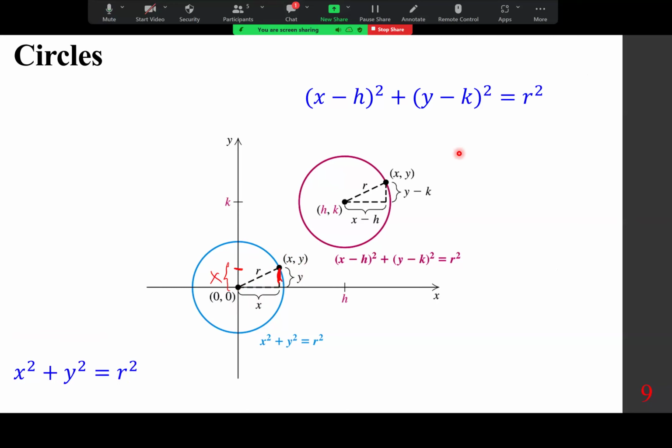You look at this one, you go with the distance formula: x minus h quantity squared plus y minus k quantity squared should be r squared.